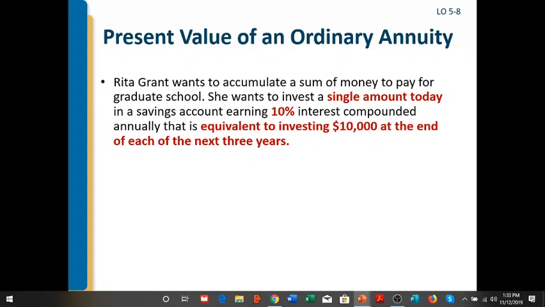She wants to invest a single amount today in savings account, earning 10% compound interest annually to the equivalent of what she would earn if she invested 10,000 at the end of the next 3 years. So essentially what they're saying here is she wants to have 33,100 at the end of 3 years. What does she have to put in today and have earn interest of 10% in order to have 33,100 at the end of 3 years?